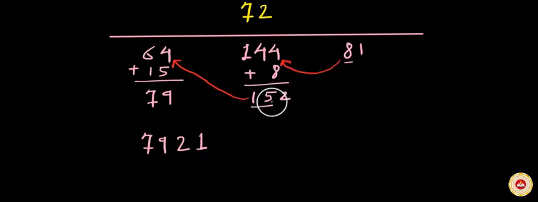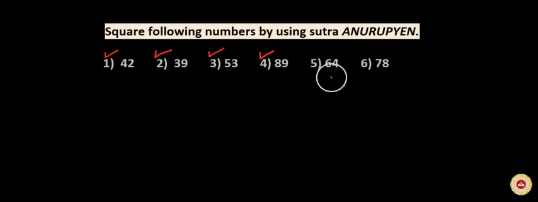We have passed 15 to the immediate left side, calculated and we have got 79. So write 1 as it is, 2 as it is and 79. 7,921 is the answer. 89 squared equals 7,921.